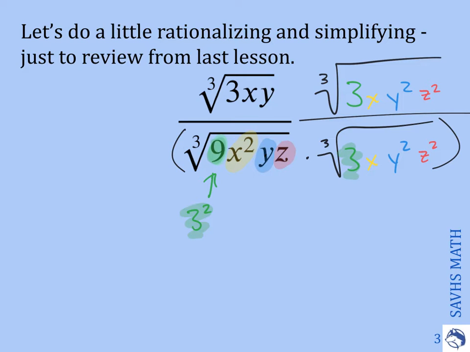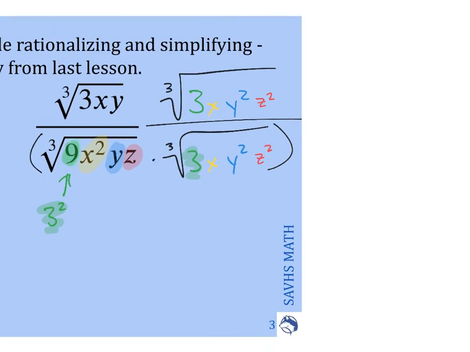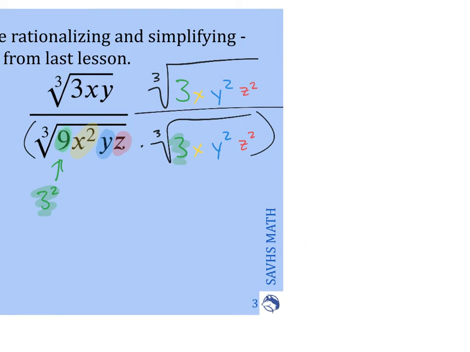That's good, because that's what I'm looking for. On the bottom, that didn't stay blue, that's too bad. Okay, on the bottom, I end up with the cube root of 3 cubed, x cubed, y cubed, and z cubed. All of those things have exponents that are 3 now.